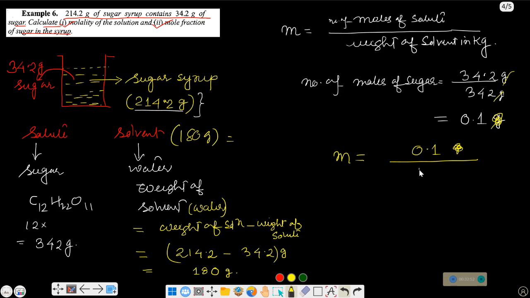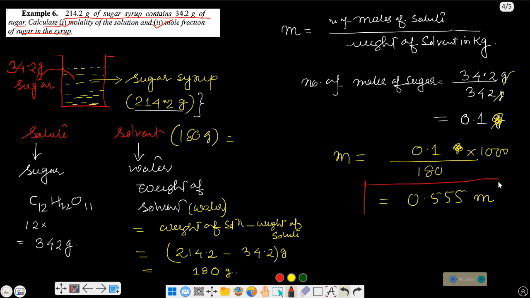Then in kg it is 180 gram into 1000, right? And if you calculate, you will get 0.555. So this is your answer, 0.555 molar.